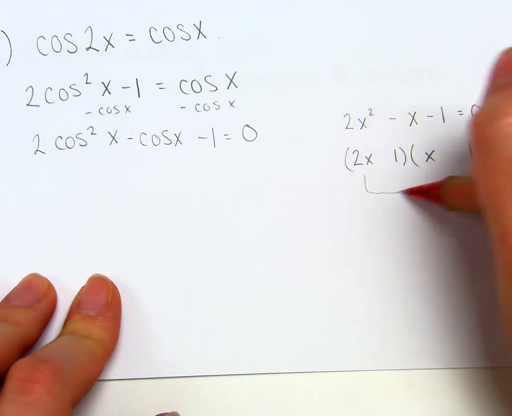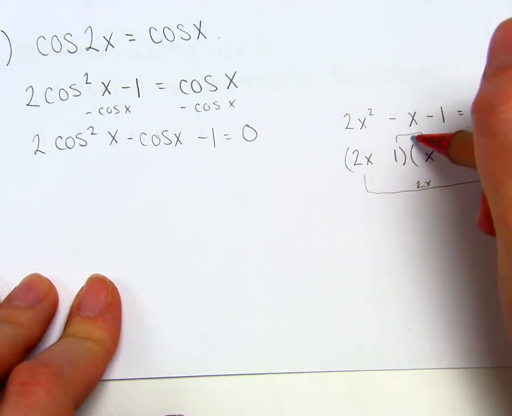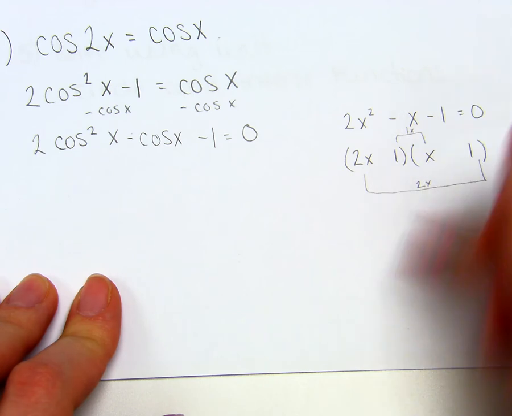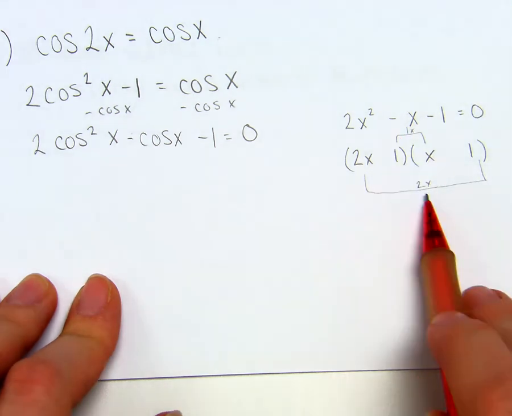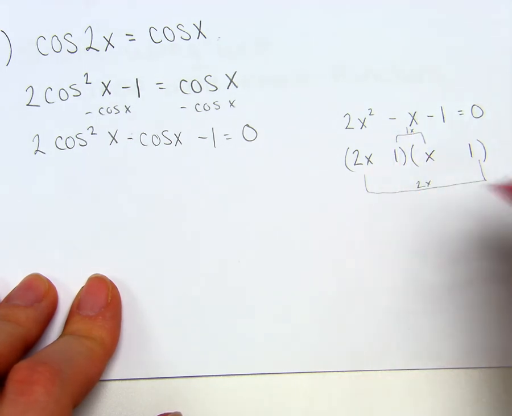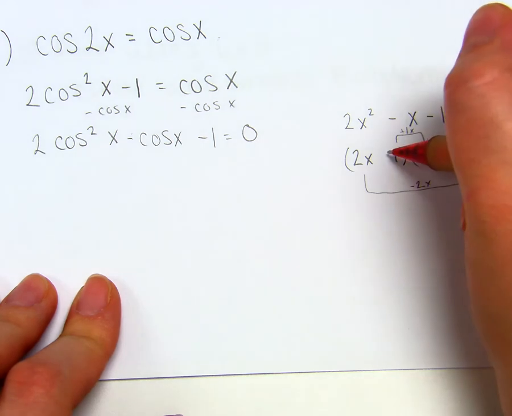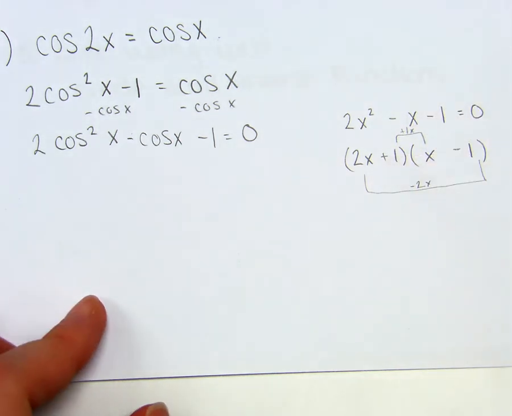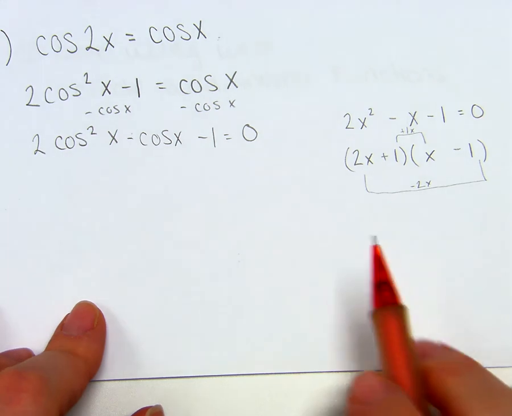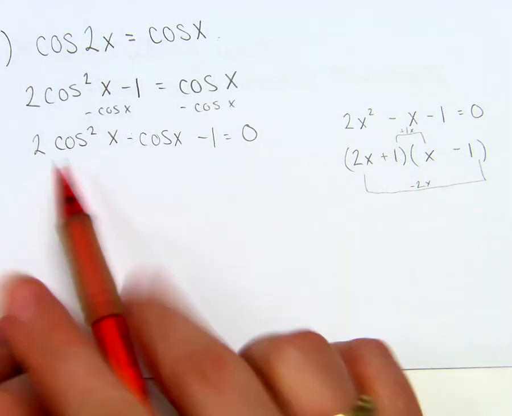So if I checked my outers, I would get 2x. If I checked my inners, I'd get 1x. And I want a negative x when I add these two. So whenever I get a negative x, I would want a negative 2x and a positive 1x. So that would have to be negative 1 and a positive 1 there. So I'm going to do the same thing. I'm just going to add my cosines in front of my x's over here.